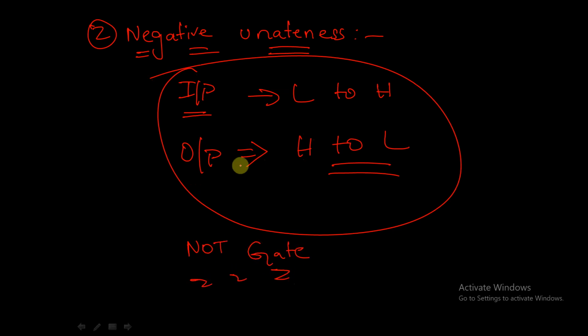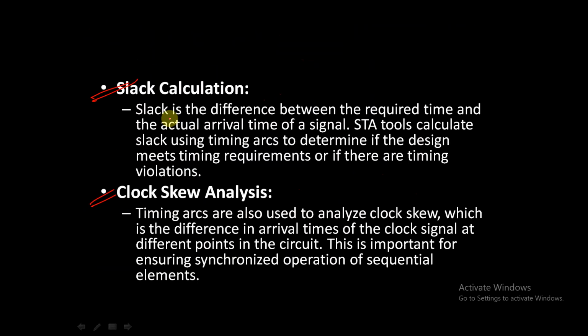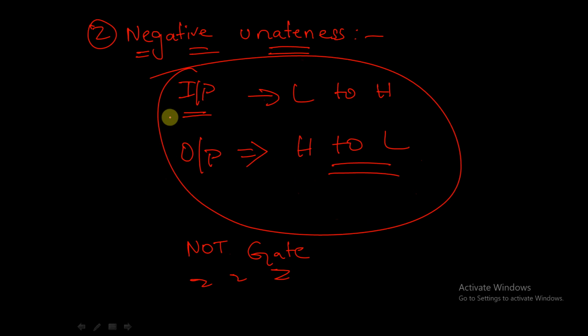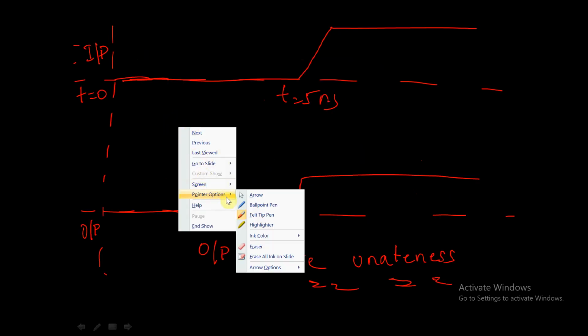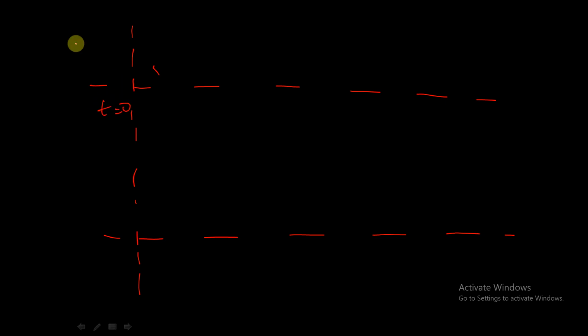Let's see the NOT gate. This is at t equal to 0, this is my input, and at t equal to 0 this is my output, right? And t equal to 5.